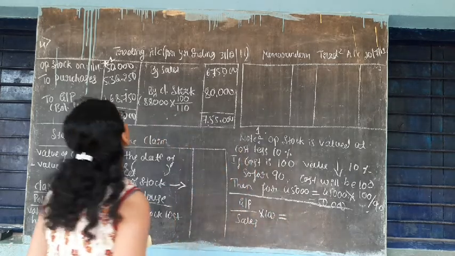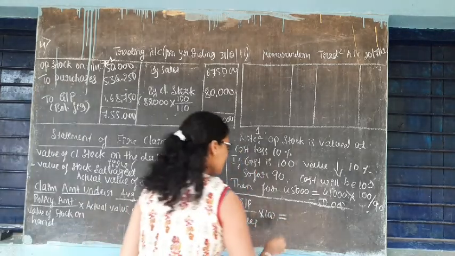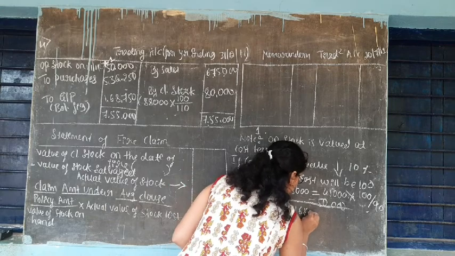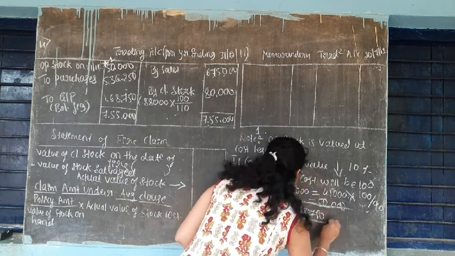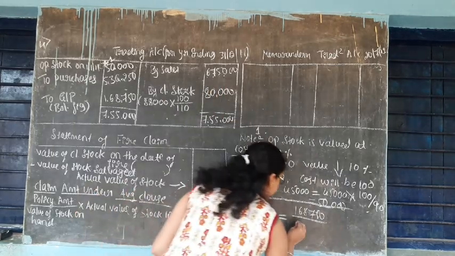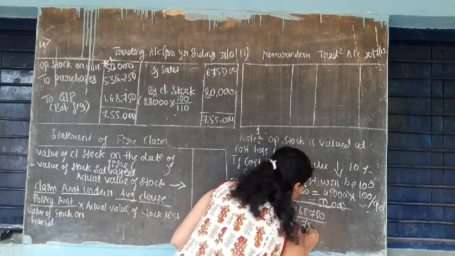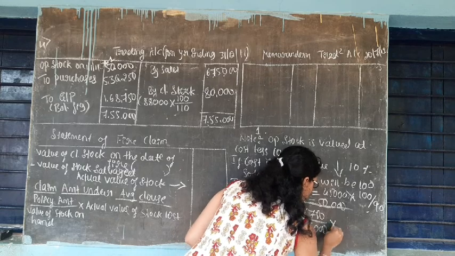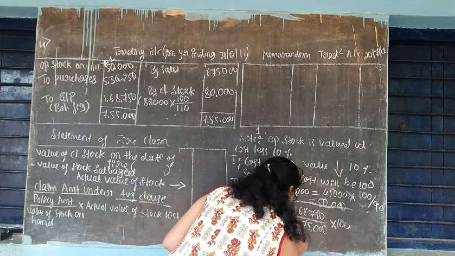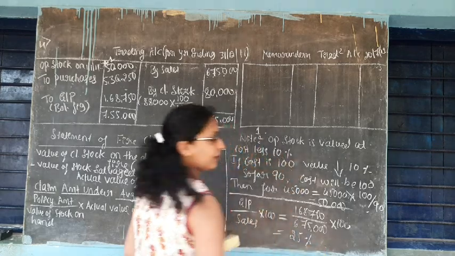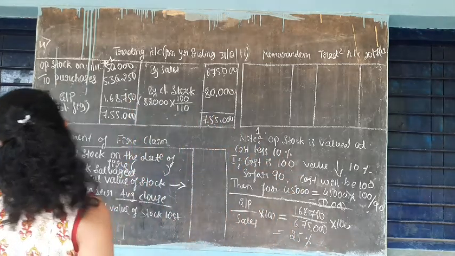So 1,68,750 divided by sales, that time sales is 6,75,000, into 100. That's equal to 25% is the rate of gross profit on sales.